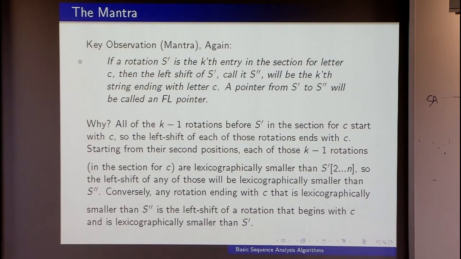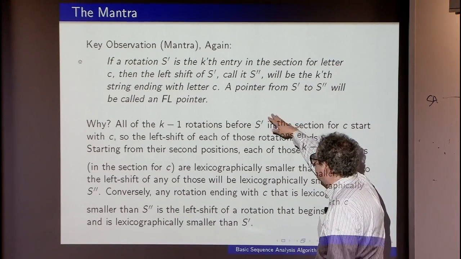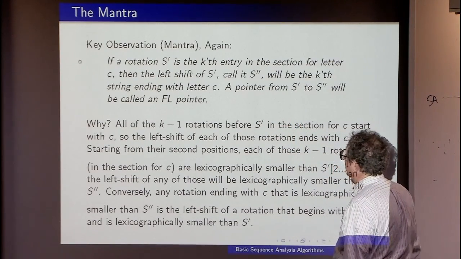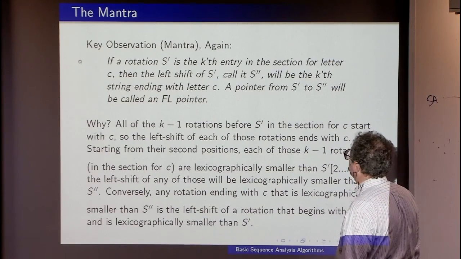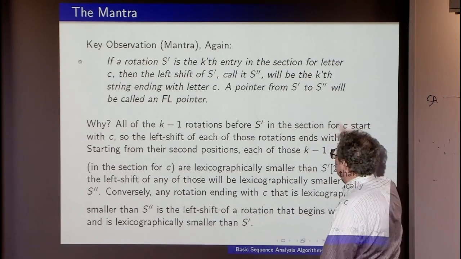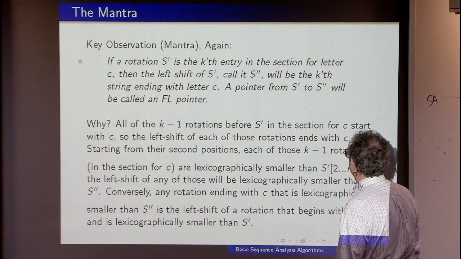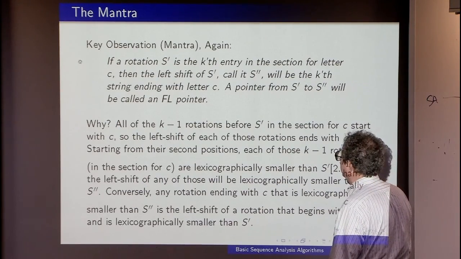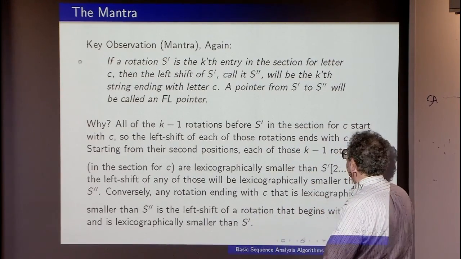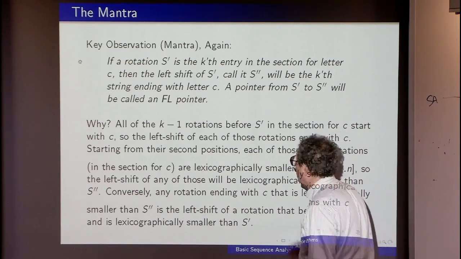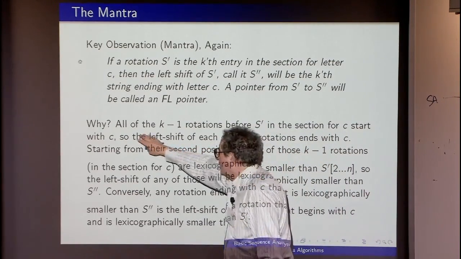Yeah, here's the key observation. This is just restating it. If rotation S prime is the kth entry in the section for letter C, then the left shift, call it S double prime, will be the kth string ending with letter C in M, in the entire thing. All right, so forget this pointer for a moment. Why?